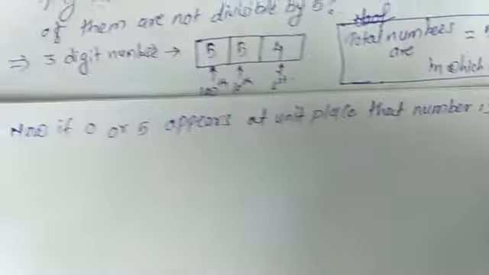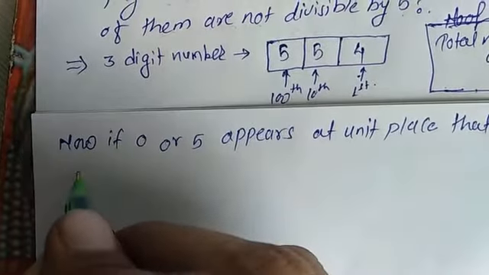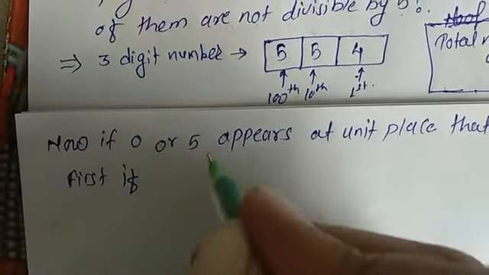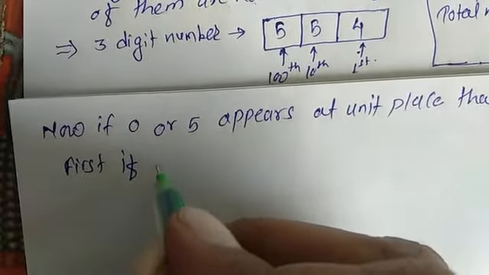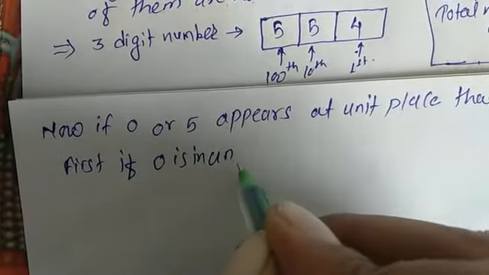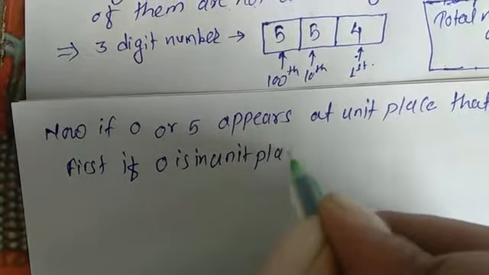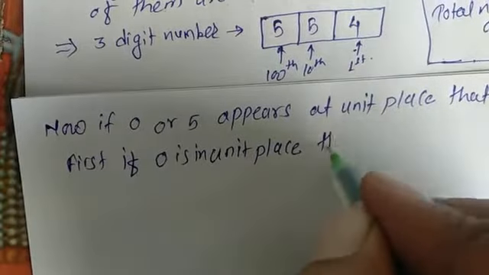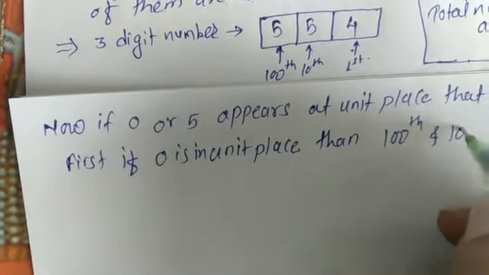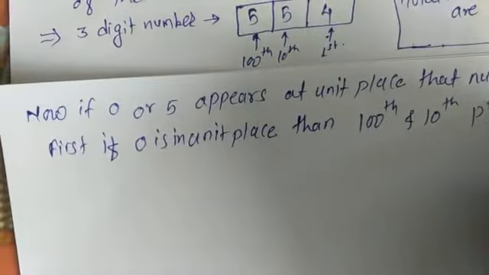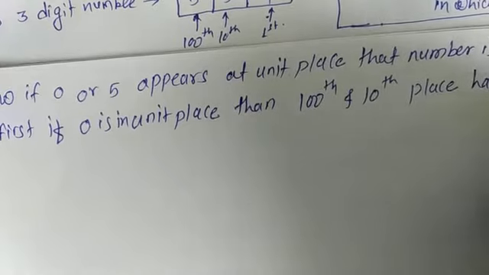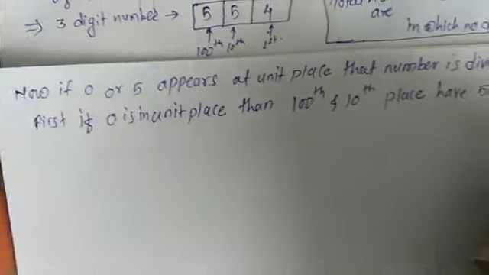Okay, so first, if 0 is in the unit place, then the 100th and 10th places have 5 and 4 choices.